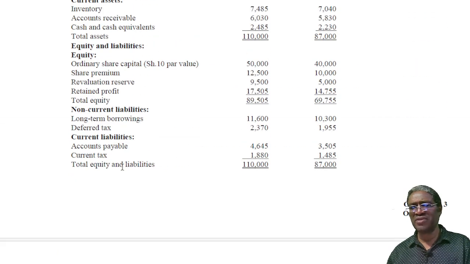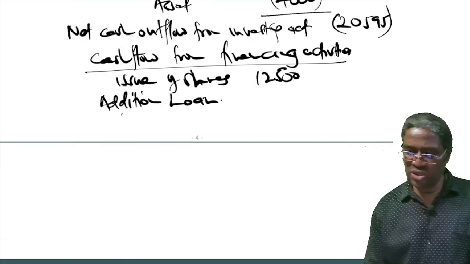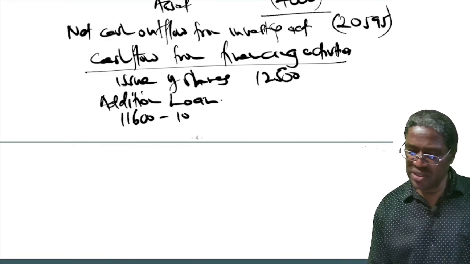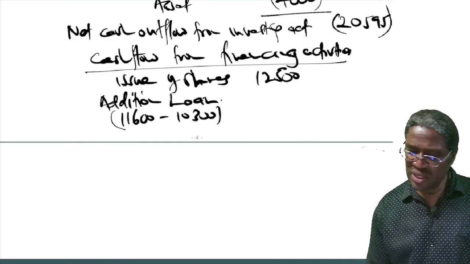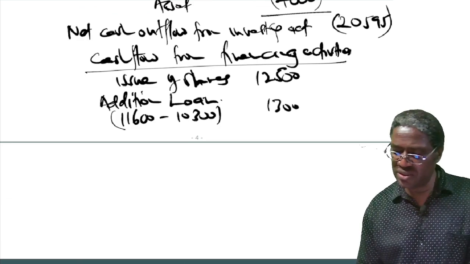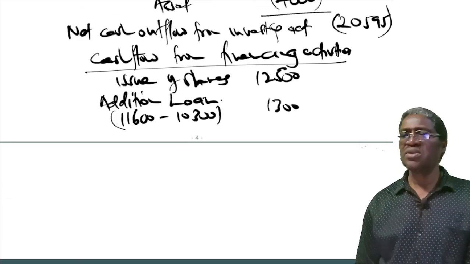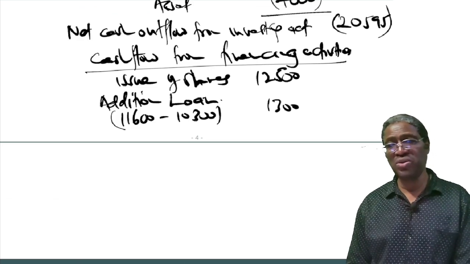Last year it was 10,300. This year 11,600. So 11,600 minus 10,300 is exactly 1,300. That's the additional loan. Good.